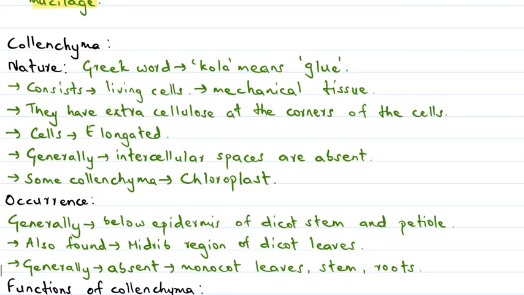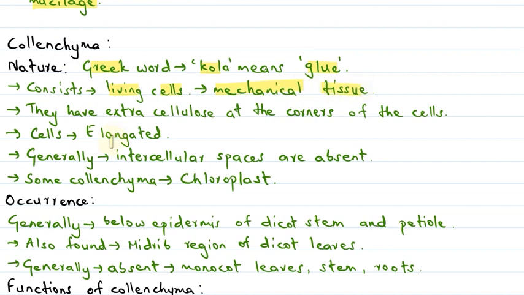Then we also discussed Collenchyma. First, talking about the nature of Collenchyma, the word is derived from a Greek word where colla means glue. Collenchyma cells are living cells, and this tissue is a mechanical tissue.